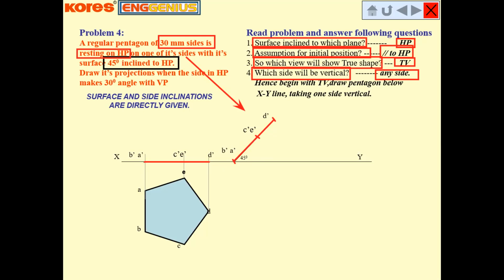Now what we are going to do is take the projection of this line in the top view. So we'll take the projection in the downward direction from point A dash B dash, from point C dash E dash, and from point D dash. Similarly, we will take the projection of points A, B, C, D, E from left to right like this.